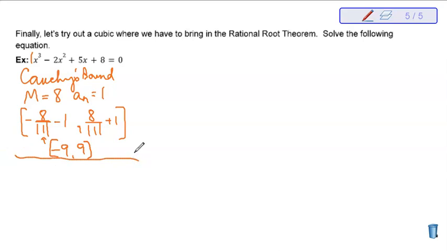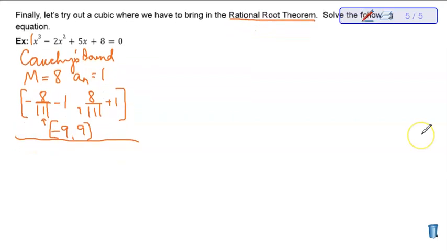But what if we also want to kind of break down the possibilities with our rational root theorem? Well, the rational root theorem says that I need factors for p and factors for q. Then we're going to look at our p over q's as the possibilities with plus or minus. P comes from the constant term. So the factors of 8 are 1 and 8, 2 and 4. And the q comes from the leading coefficient. Therefore, the only factor of 1 is 1.